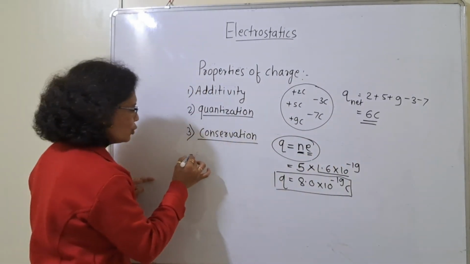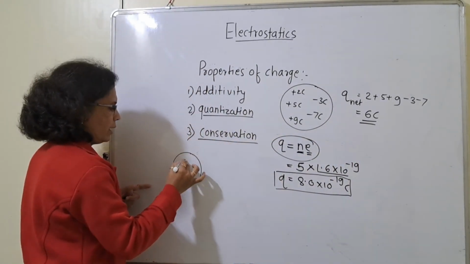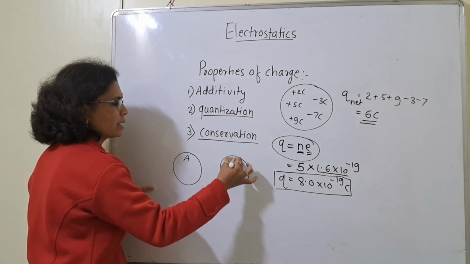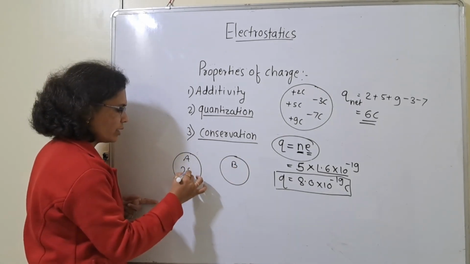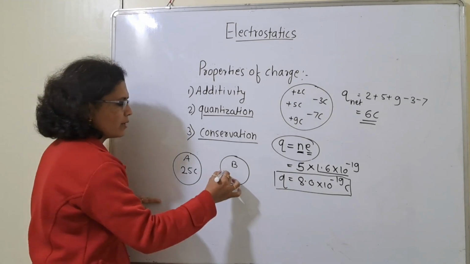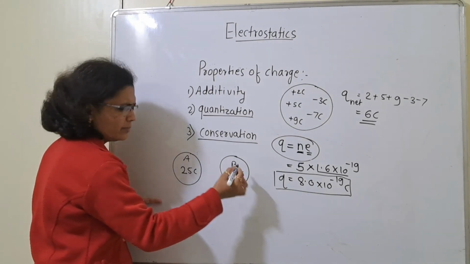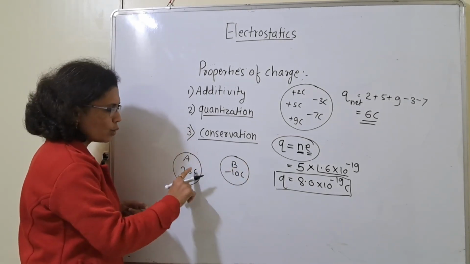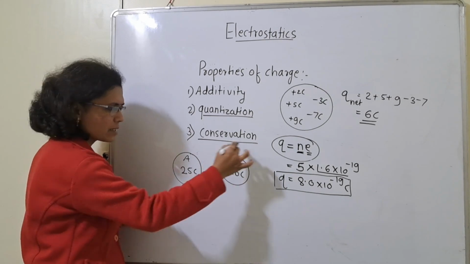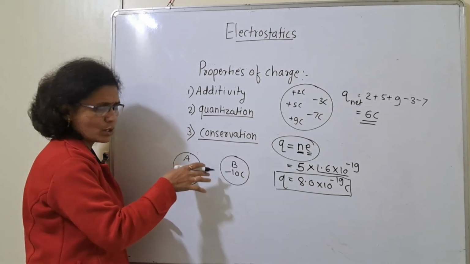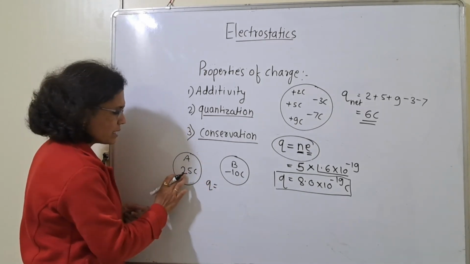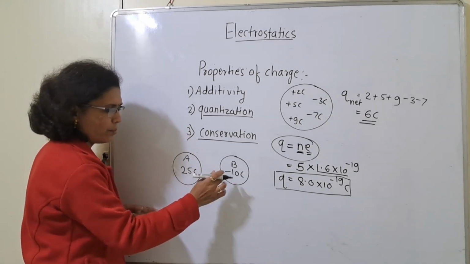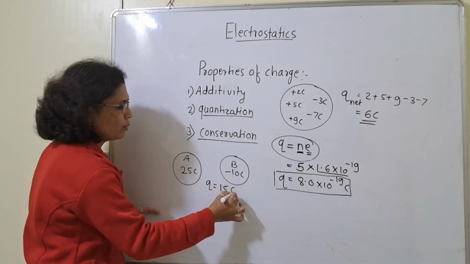If I consider two bodies, A body and second, that is B body, having charge 25 coulomb and this having charge minus 10 coulomb. Let us consider what is the total charge of this system, which contains these two bodies A and B. That total charge will be plus 25 minus 10 coulomb, means 15 coulomb.